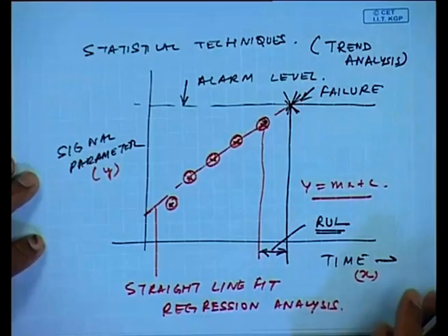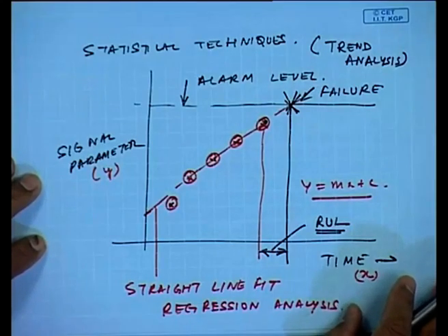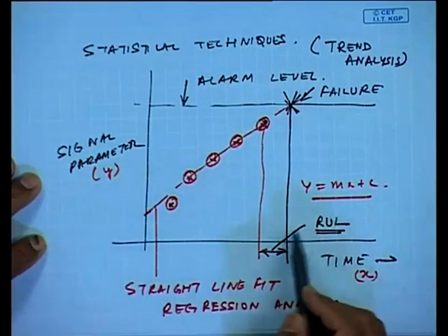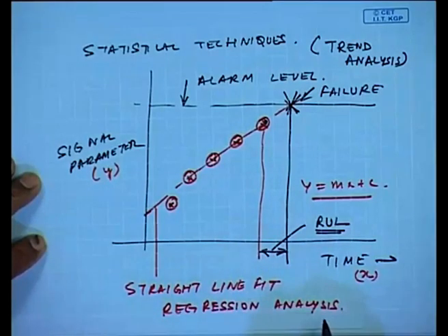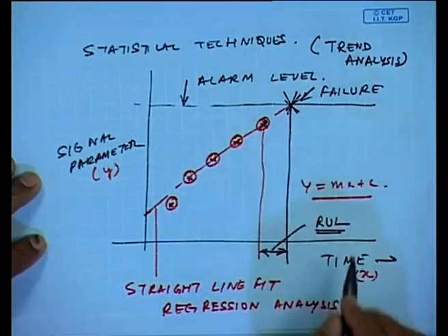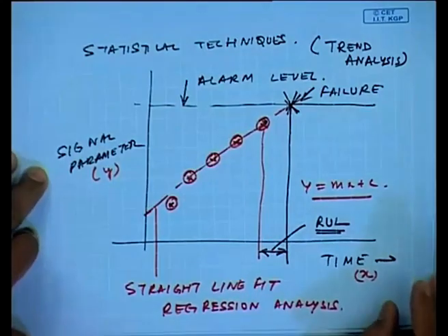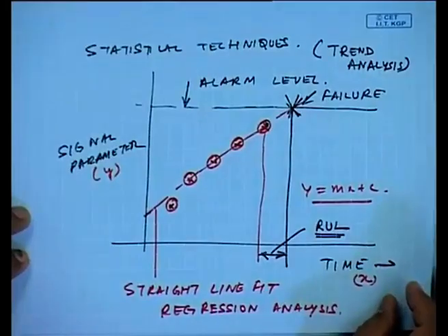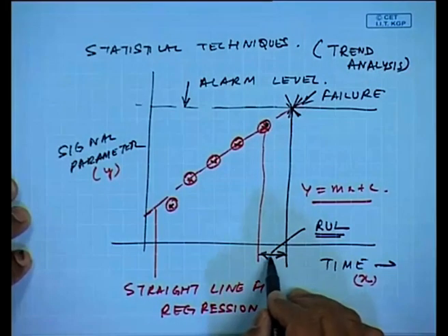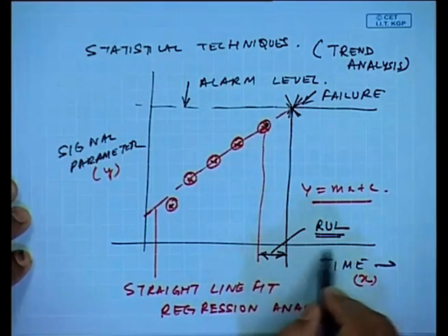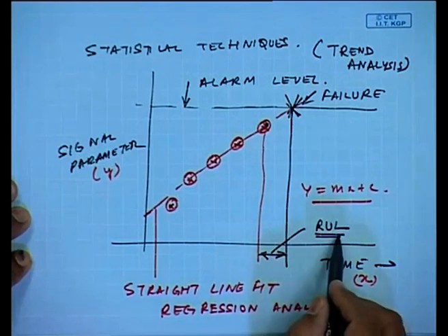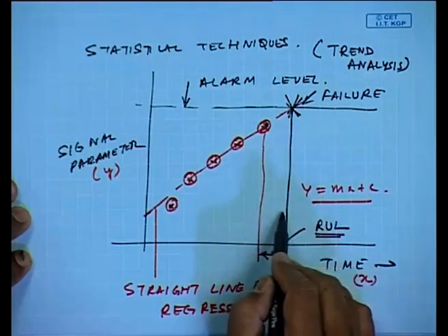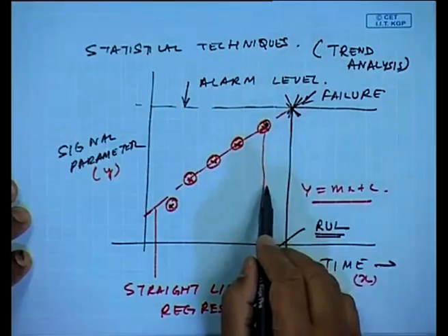So there is a lot of software available with large databases where this kind of data is stored. People do simple regression analysis and can predict the failures. And even in an industry, if this kind of measurement is done, it gives us a lead time before I do my maintenance, so that I know the remaining useful life. So I have this lead time before the failure occurs to take corrective measures.